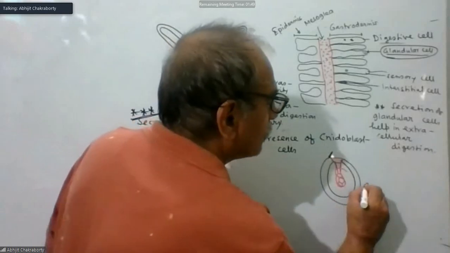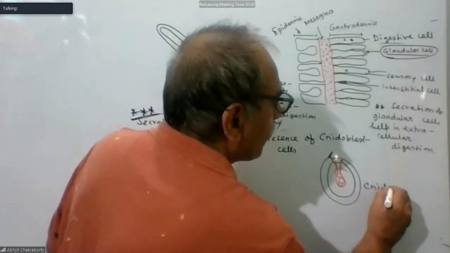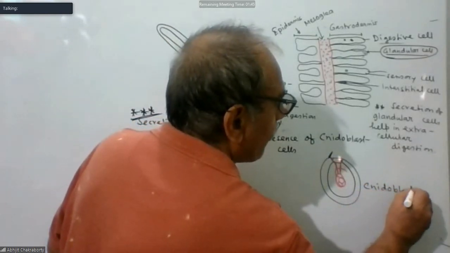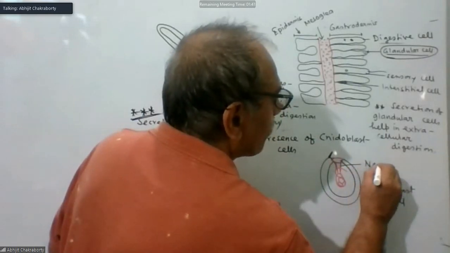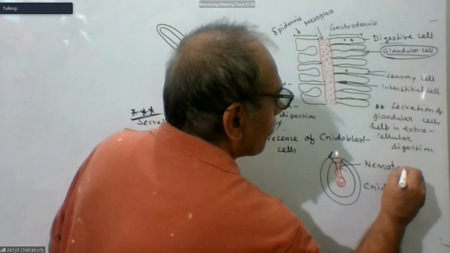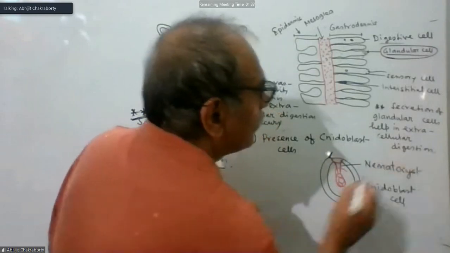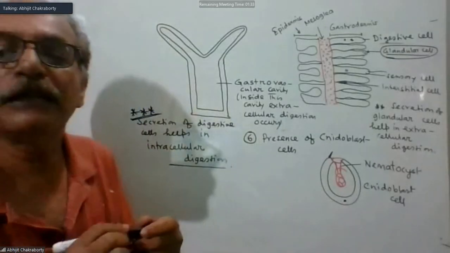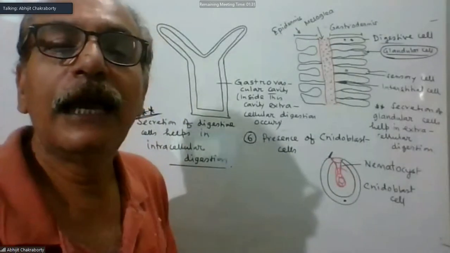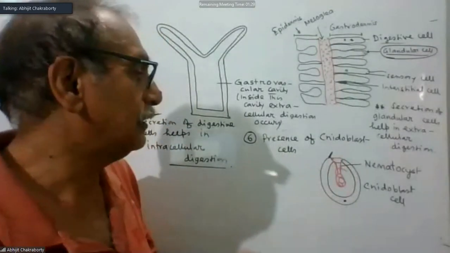This is the pneumoblast cell, inside which you will get the nematocyst. So this is the pneumoblast cell, and inside you will get the nematocyst.